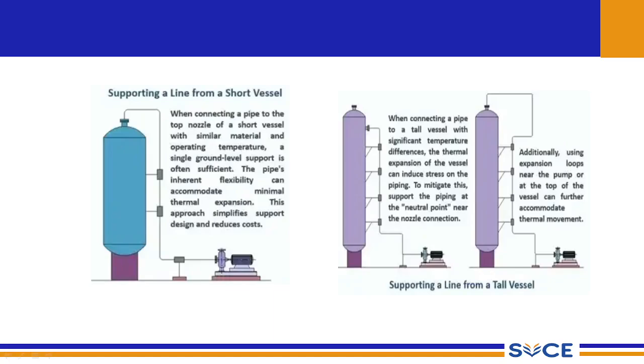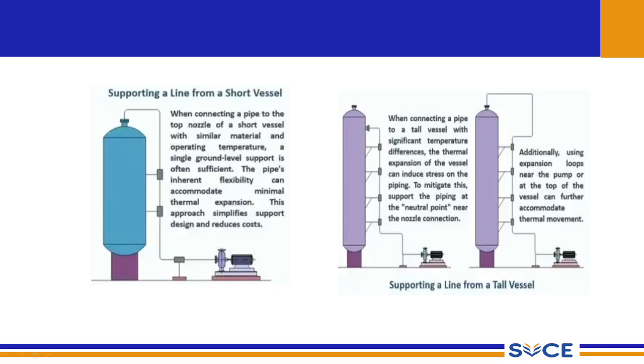Those supports are attached to the main short vessel, and as the pipeline changes its direction, we are installing a support to minimize the thermal expansion, and the inherent flexibility of the pipeline will also be used to accommodate the thermal expansion. This approach actually simplifies the support design, and it reduces the cost of supporting.